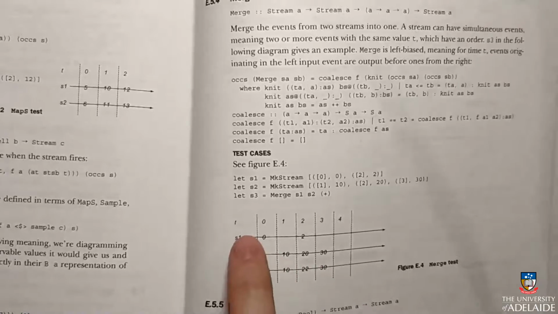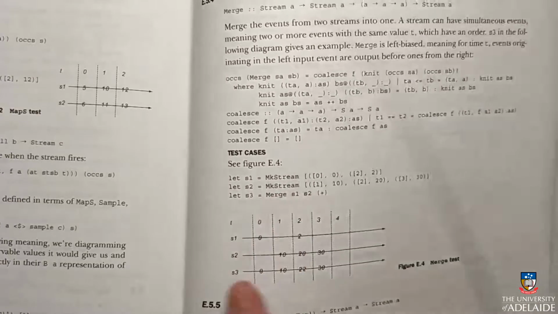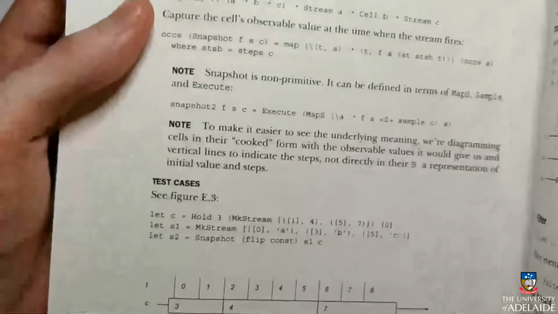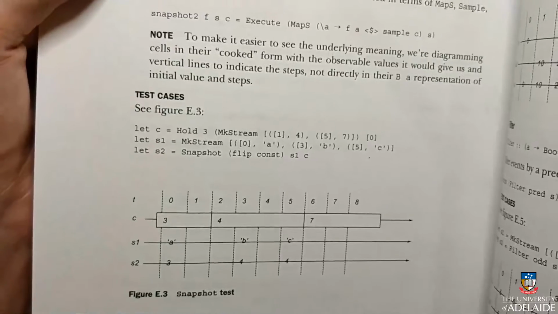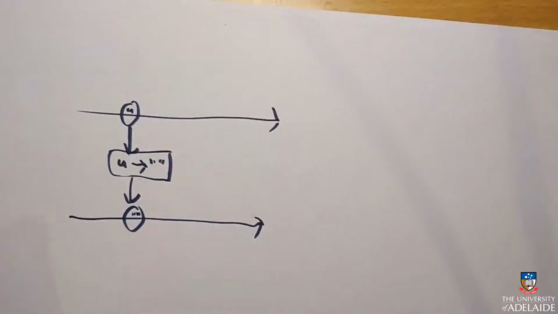You can have stream 1, stream 2, and then the resulting stream. And it demonstrates what the operation should be for that. We can also see this representation here for a snapshot operation. Here's one for a filter operation. So if you're stuck, take a look at those for reference.